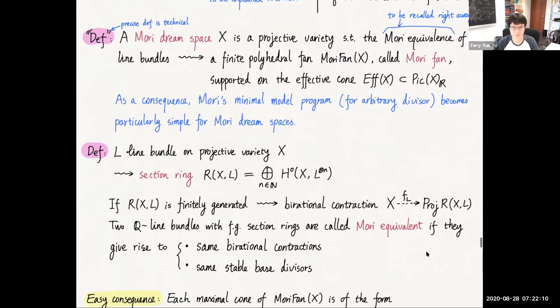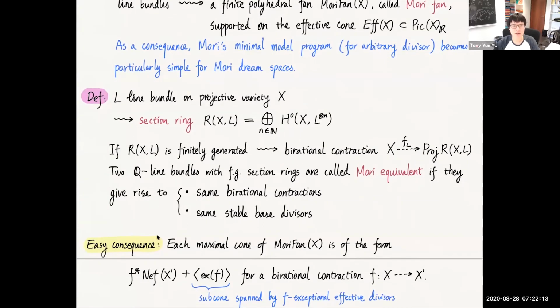An easy consequence of the definition of Mori dream space is that each maximal cone of the Mori fan is of the following form. We consider a birational contraction f from X to X prime, and we take the pullback by f of the nef cone of X prime plus the subcone spanned by f-exceptional effective divisors.